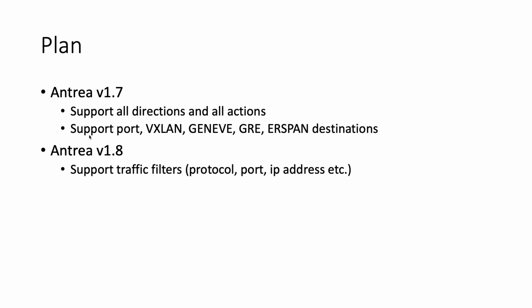And in this version, we just want to make it basically work, so we will not do fine-grained traffic filtering. In the next release, we will support traffic filters based on protocol, port, or IP address. Yeah, that's the current plan.